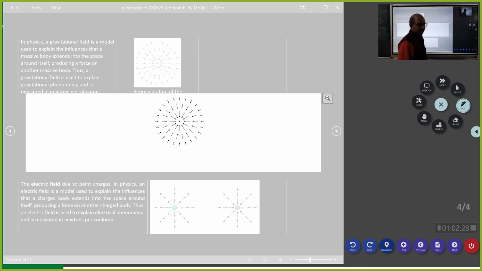So what does that mean? The gravitational field intensity is more near the mass and it decreases as you go away from the mass. Got it? Yes, sir.